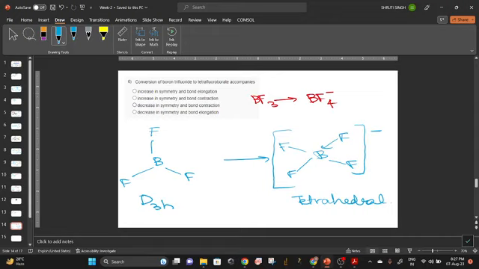Now, is this an increase in symmetry or decrease in symmetry? Increase in symmetry. How do you say that?